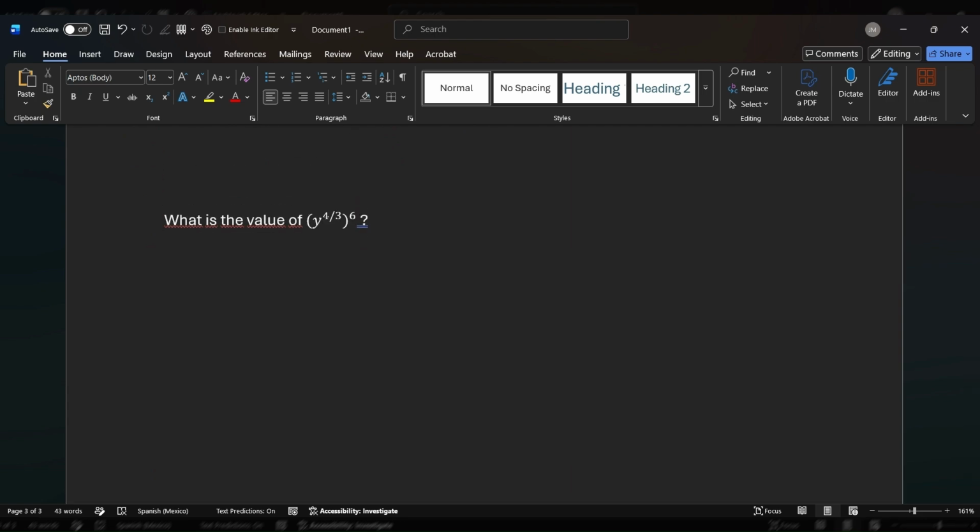What is the value of y to the 4/3, to the 6?